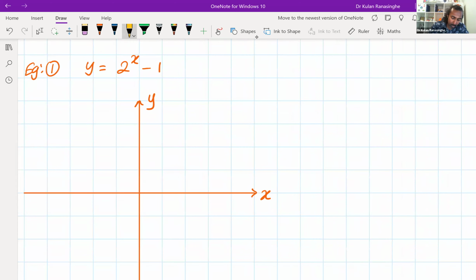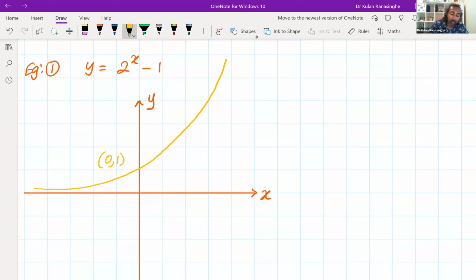We know the exponential graph e to the x, or 2 to the x, 3 to the x, any, goes through (0, 1), the y-intercept.